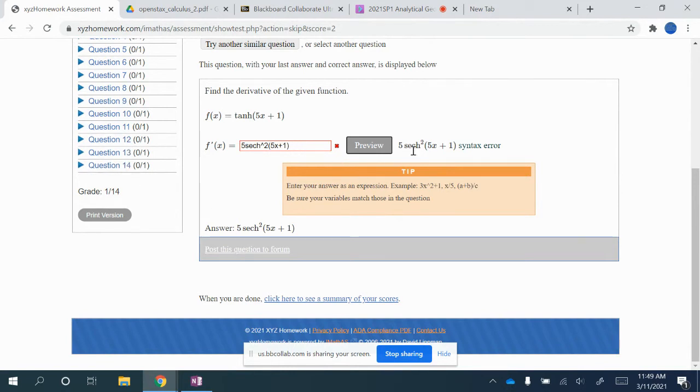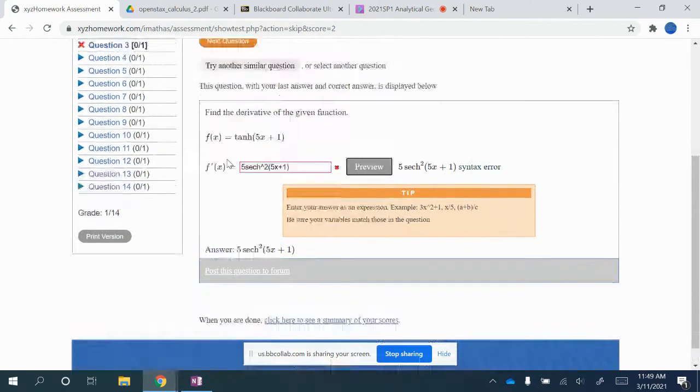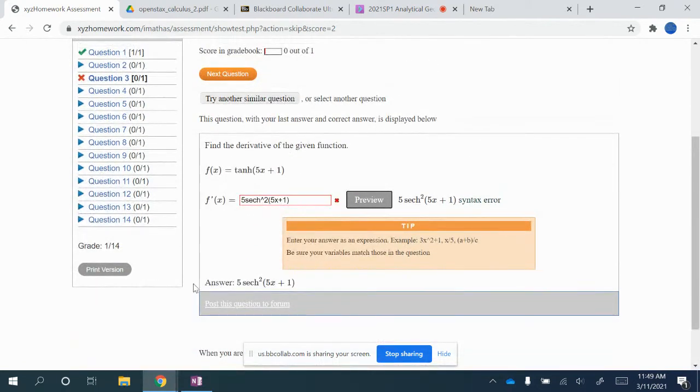So notice I do have the correct response, but for whatever reason, it's marking my problem incorrect. I'm going to make sure that these things are not on the test, but I just want you to realize if you are putting in an answer that marks it incorrect, just let me know and I will make the corrections on that.